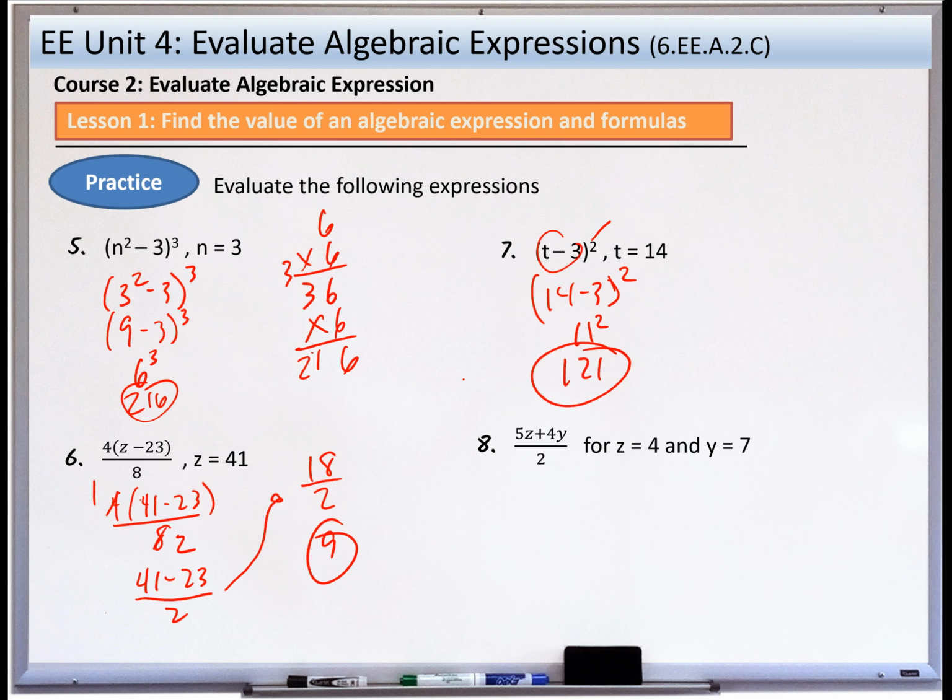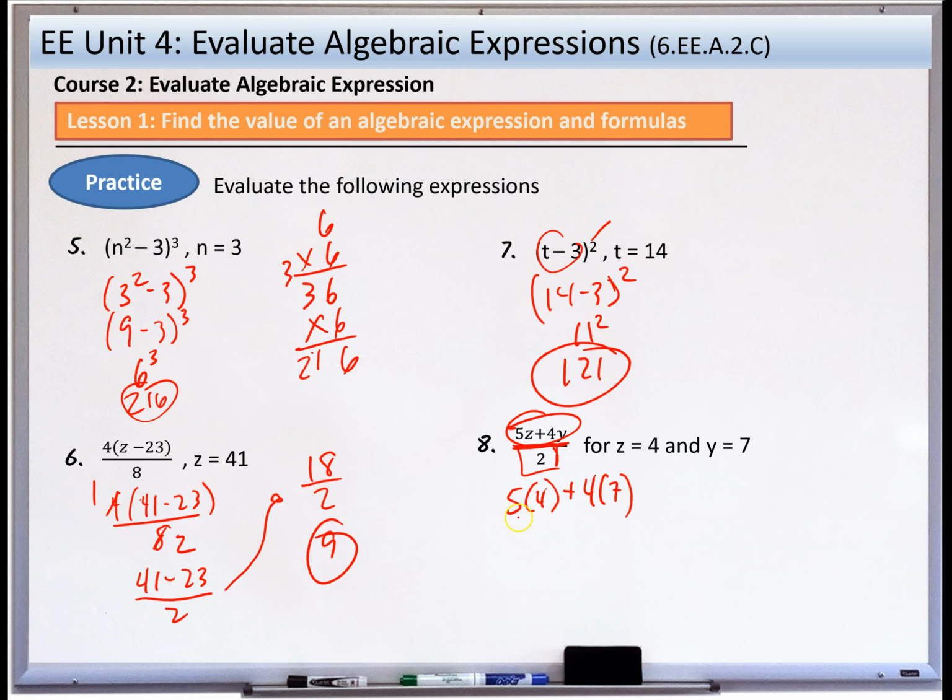All right, the next one looks complicated, but it's not. It's 5 times the number z plus 4 times the number y divided by 2. So I have to do all this first, and when I get done, I'm going to divide it. So we said z is 4, so 5 times 4. We said y is 7, plus 4 times 7.